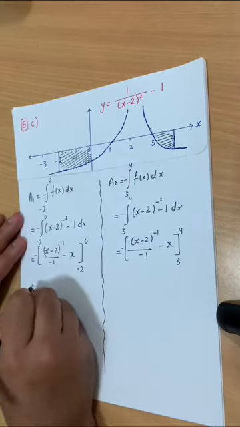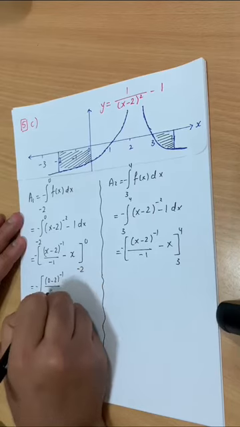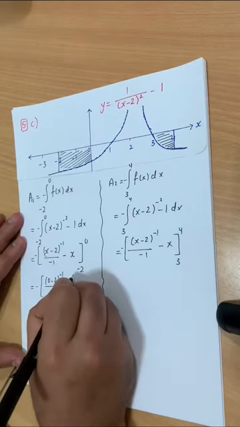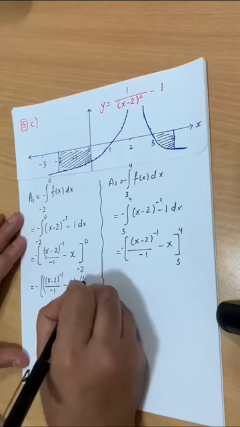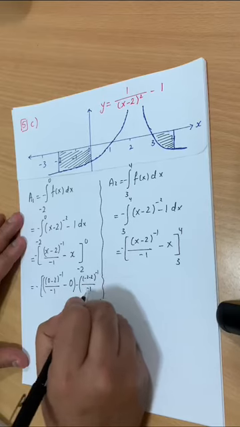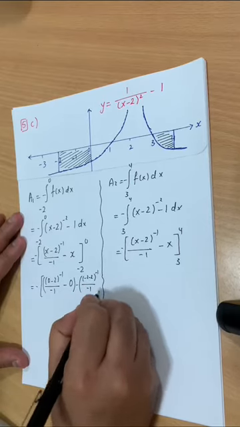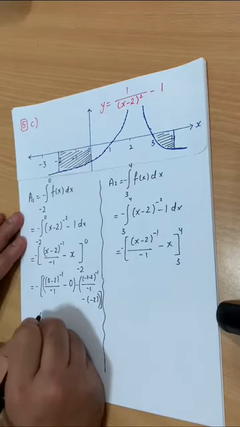I'll start with the 0 first. So 0 minus 2, to the power of negative 1, over negative 1, minus 0, minus, using negative 2, negative 2 minus 2, to the power of negative 1, over negative 1, minus negative 2. Keep the negative sign outside.